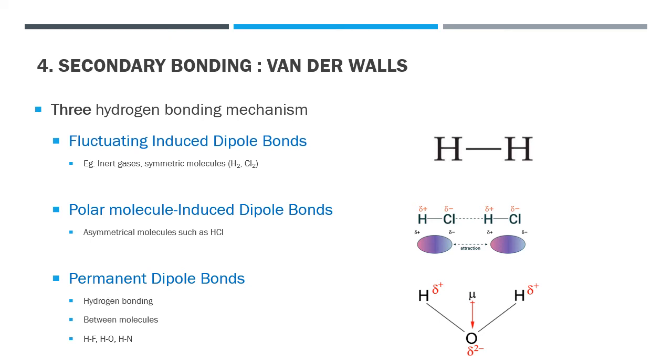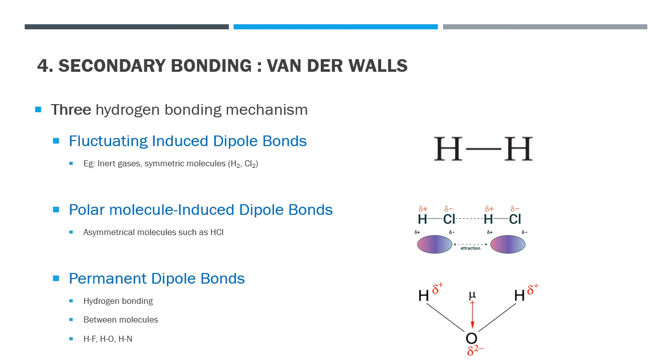So the most common type of van der Waals bonding is hydrogen bonding. For example, we have the fluctuating induced dipole bond. We have hydrogen and inert gas. So we have two types of hydrogens here connecting together.